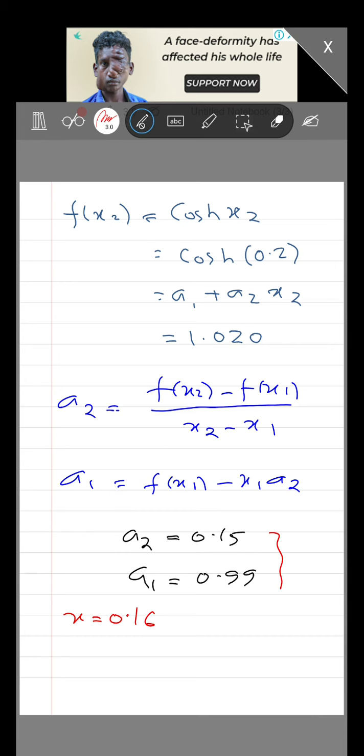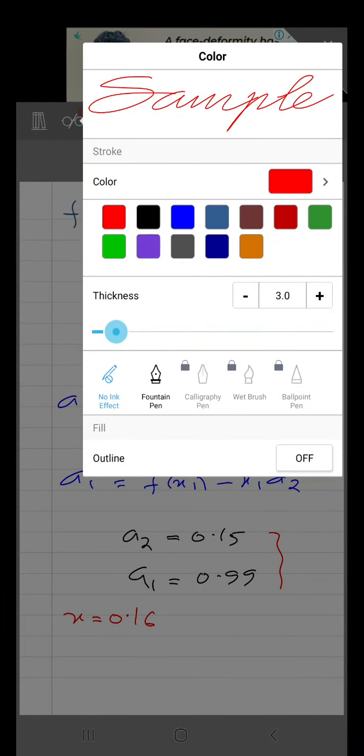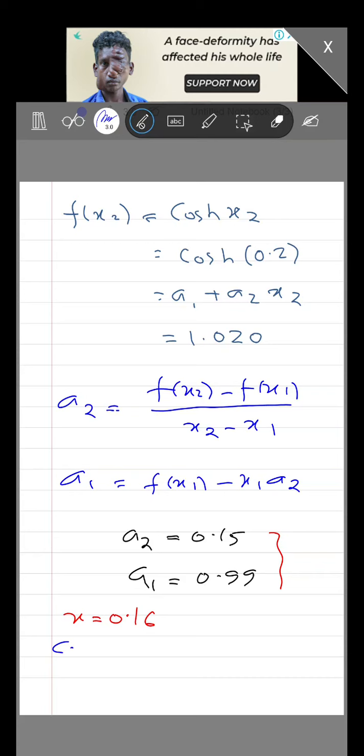So we can write cosh(0.16) should be equal to a1, that is 0.99, plus a2, that is 0.15, into 0.16, and the value comes out to be equal to 1.014.